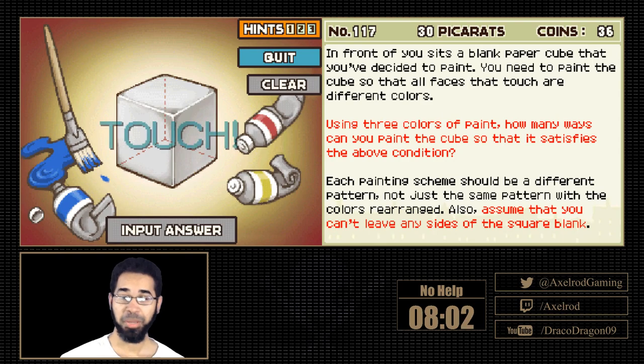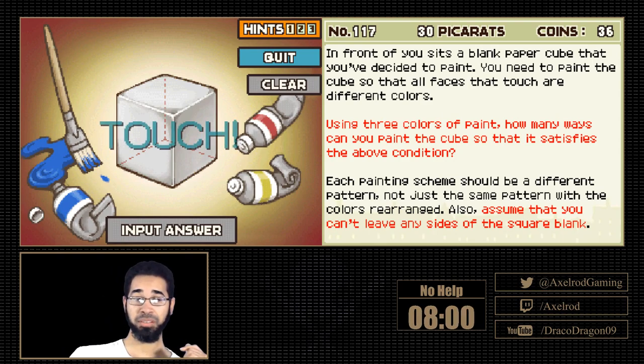In front of you sits a blank paper cube that you decided to paint. You need to paint the cube so that all faces that touch are different colors. Using 3 colors of paint, how many ways can you paint the cube so that it satisfies the above condition?